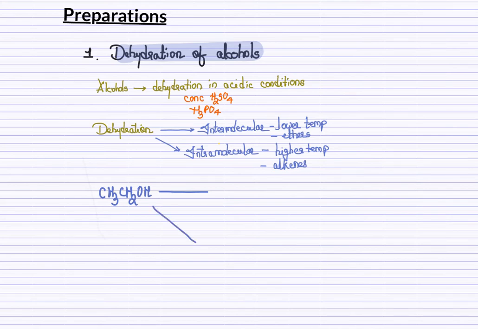The first route goes like this, and here we have 443 kelvins, and here we have 413 kelvins. In both the cases, we use concentrated H2SO4 as catalyst, and what we get in the first case is CH2=CH2 plus H2O.